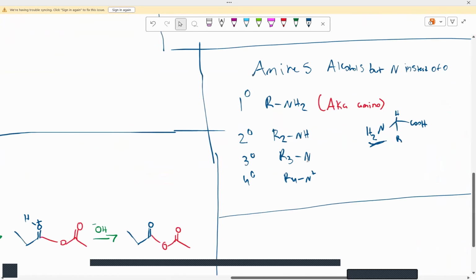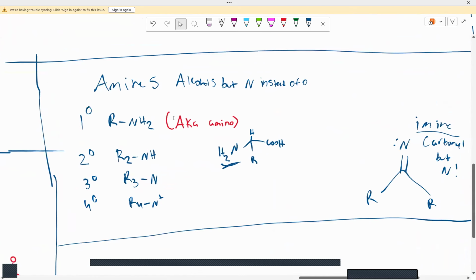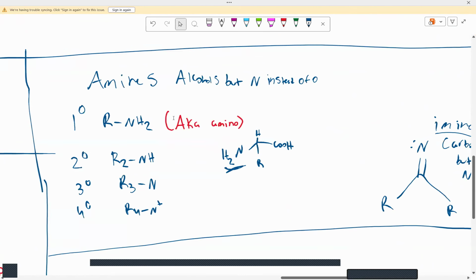Woohoo. So these aren't derivatives of carboxylic acid, but they're also really important that you need to know. So amines are kind of like alcohols, but they have nitrogens instead of oxygens. So you have primary, secondary, tertiary, and quaternary. How I like to think about amines, and this is also true for alcohols, which I forgot to mention, is to think about how many R groups are attached to it.